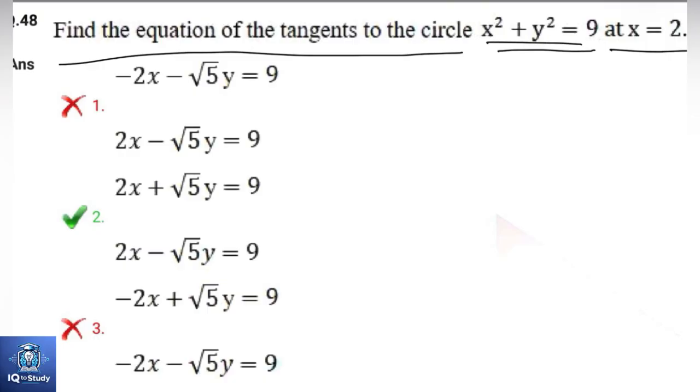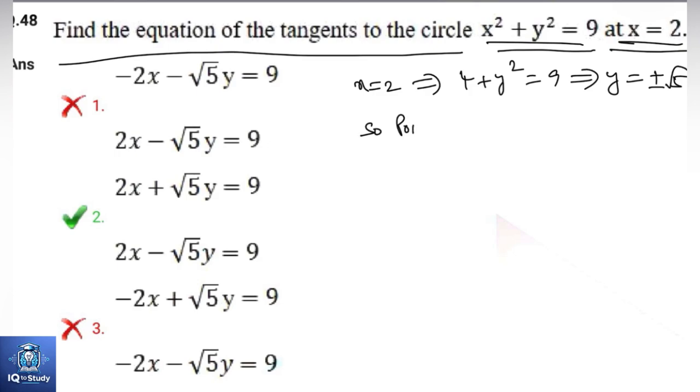It implies 4 plus y square is equal to 9, which means y is equal to plus or minus root 5. So the points are (2, root 5) and (2, minus root 5).